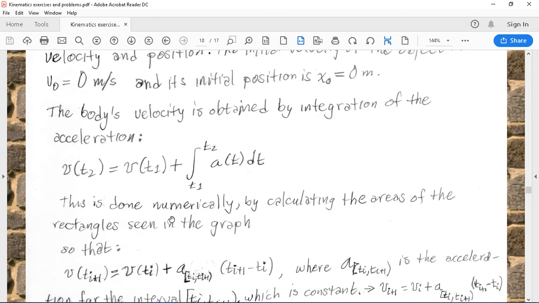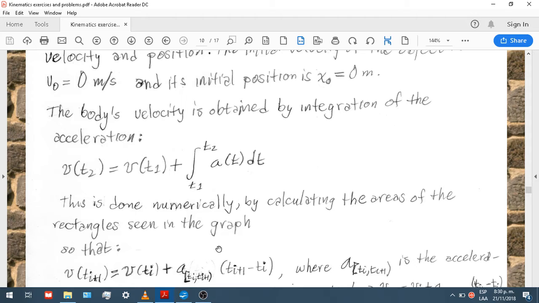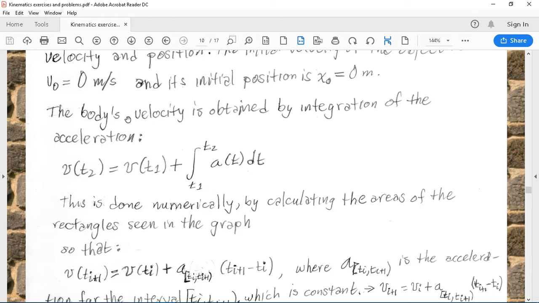From this given data, we have to obtain the body's velocity. We do that by integration of the acceleration. So the velocity at any given time t2 is equal to the velocity of the particle at time t1 plus the integral from t1 to t2 of the acceleration.